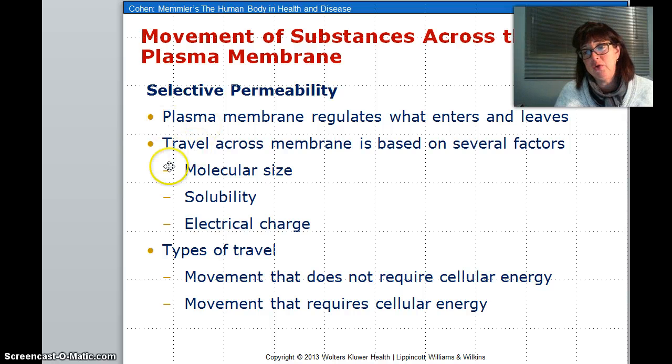But you can't travel across if you are large, if you are non-soluble, or if you are charged. So this has to be moved differently. Now, you can be moved in two ways. You can be moved passively, which does not require cell energy, or you can use the energy and move actively.